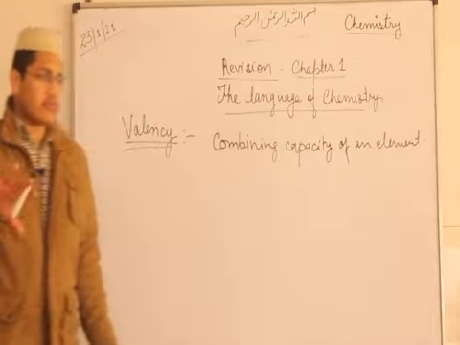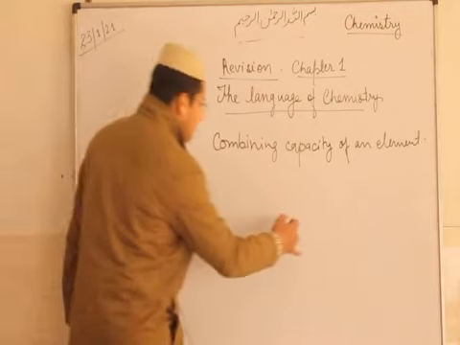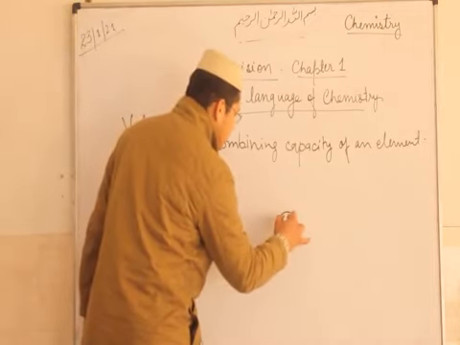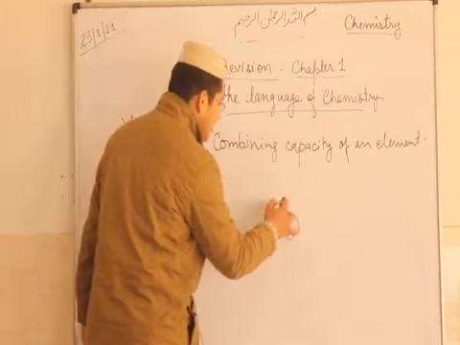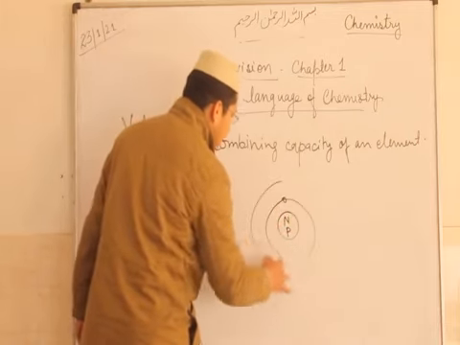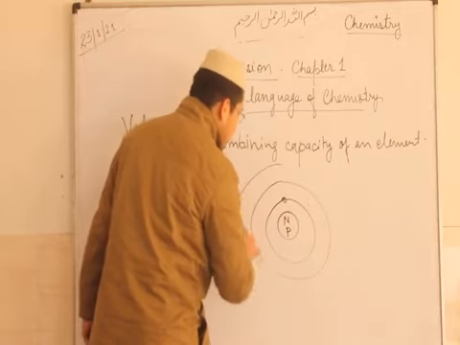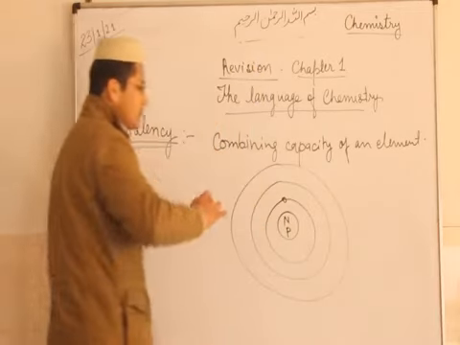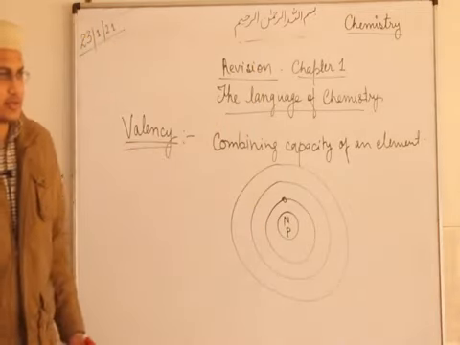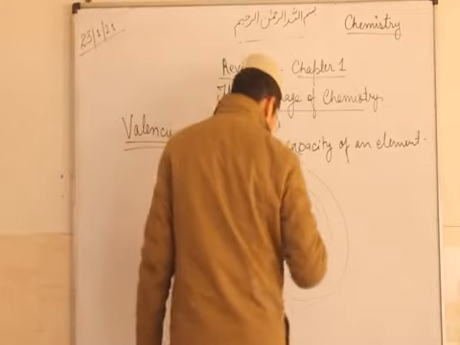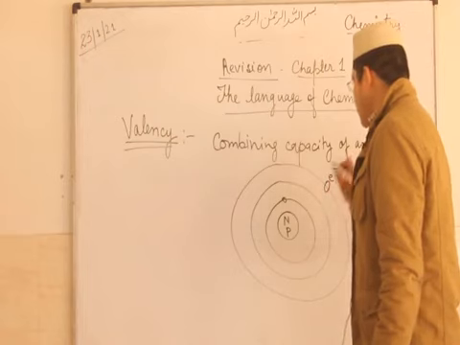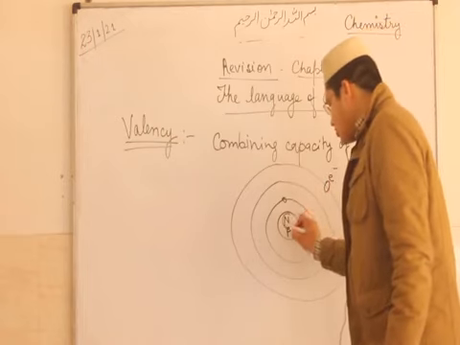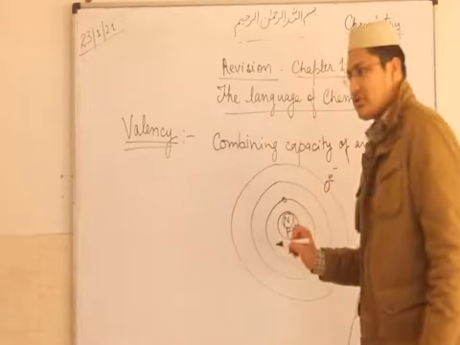Hopefully you are aware from the structure of atom. In the center there are neutrons and protons, and there are different shells. On these shells, electrons revolve around the nucleus. Electrons have negative charge, neutrons are neutral, and protons have positive charge.